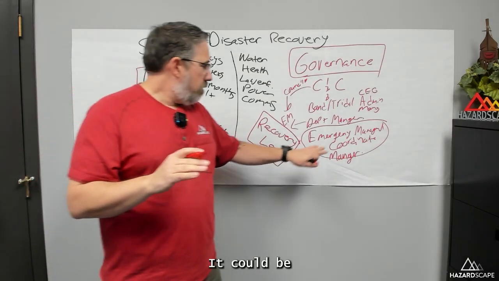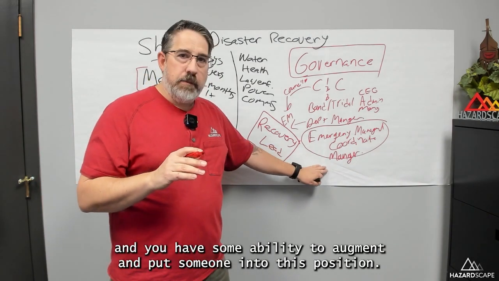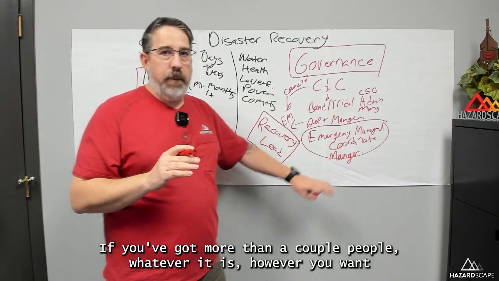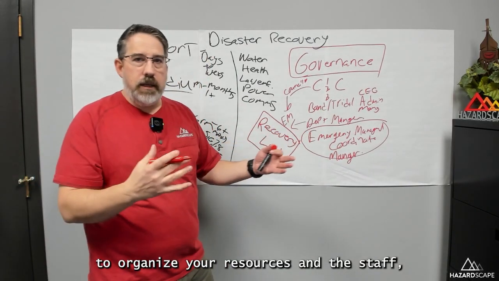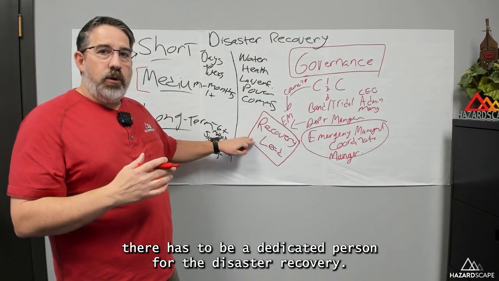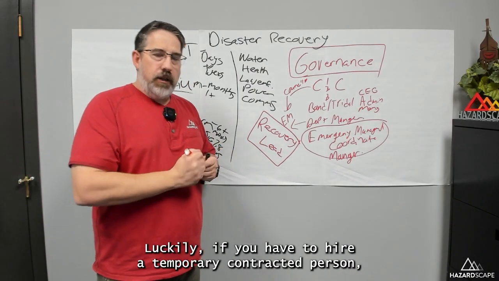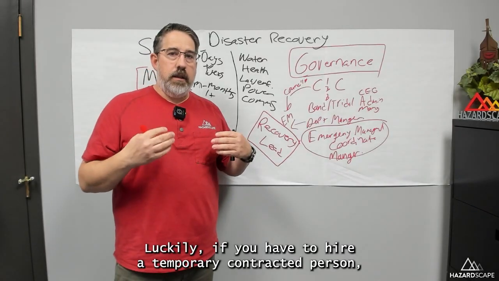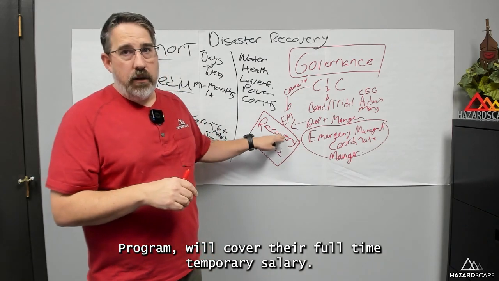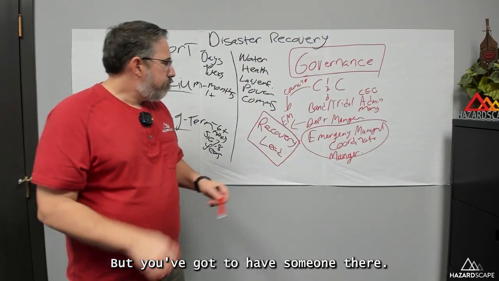It could be this person flips into this person and you have some ability to augment and put someone into this position if you've got more than a couple people. Whatever it is, however you want to organize your resources and the staff, there has to be a dedicated person for the disaster recovery. No ifs, ands, or buts. Luckily, if you have to hire a temporary contracted person, Indigenous Services Canada through the Emergency Management Assistance Program will cover their full-time temporary salary. But you've got to have someone there.